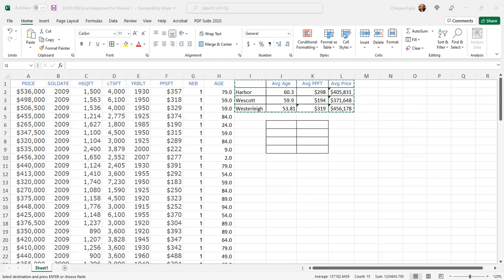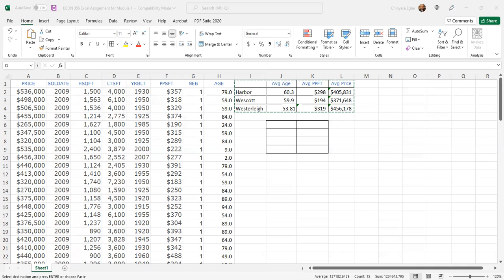I don't think that the average price per square foot is the same in all neighborhoods. Maybe between Harbor and Westlair, the average price per square foot might be the same, okay? But when you look at the average age, again, maybe between Harbor and Westcott, the average age might be the same, but there's a big difference between Westlair and the other 2 neighborhoods.